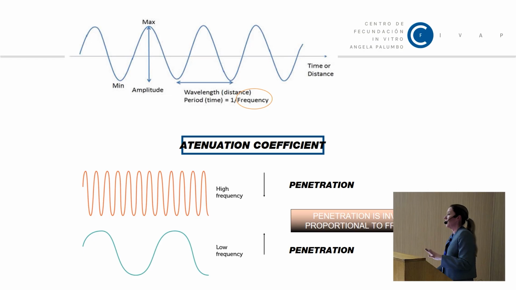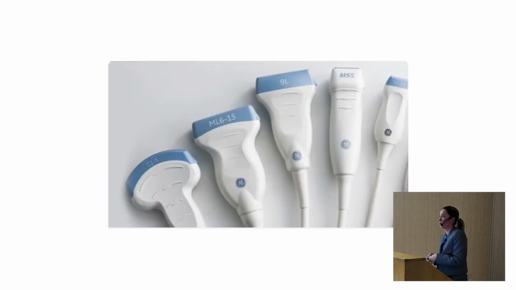While when we have a low frequency wave, the attenuation coefficient will be low and the penetration will be high. That's because the penetration is inversely proportional to frequency. This is important when we are going to choose a probe. We have to think about what penetration we need and then look for the range of frequency of the probe that is normally expressed on them.